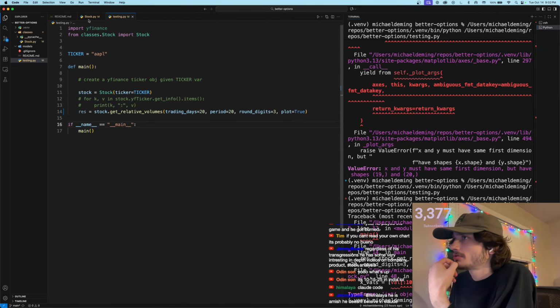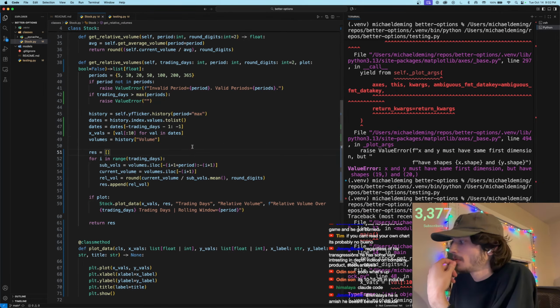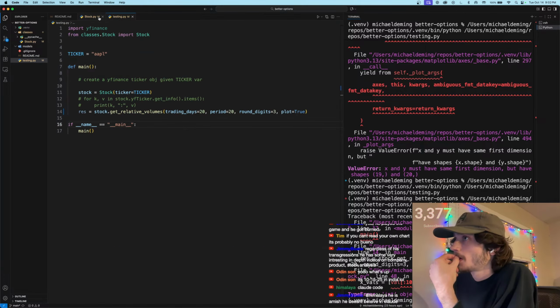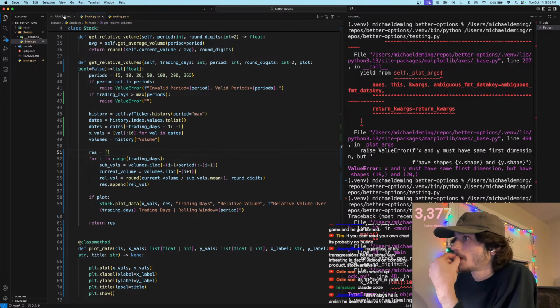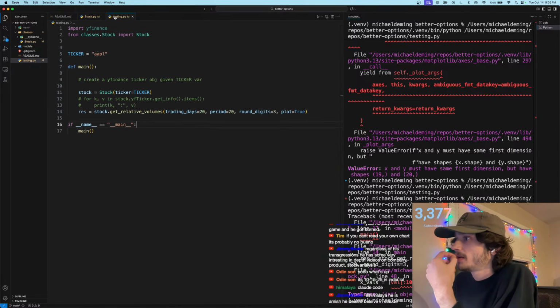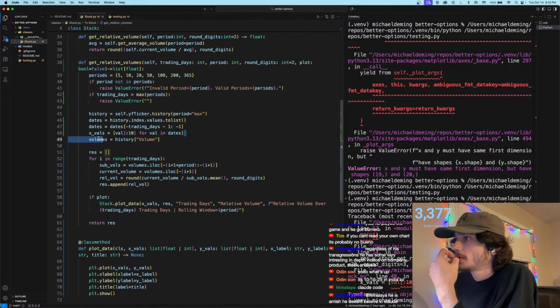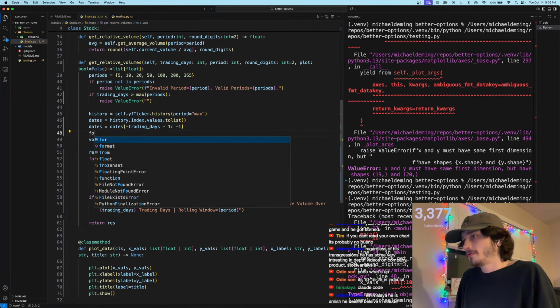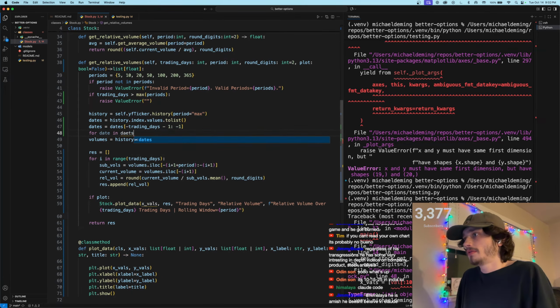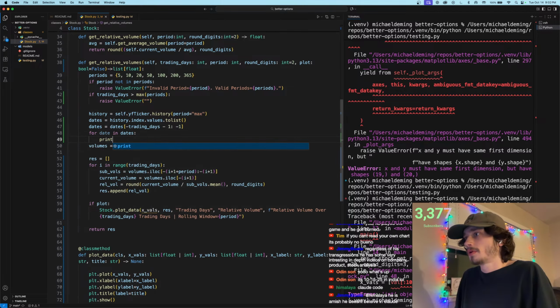Int object not scriptable. It's an int object. So let's go for date in dates. Print the dates.